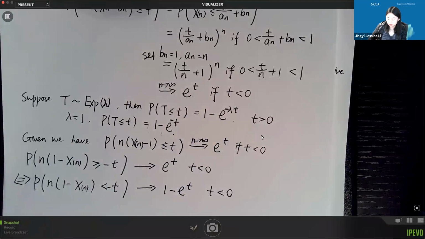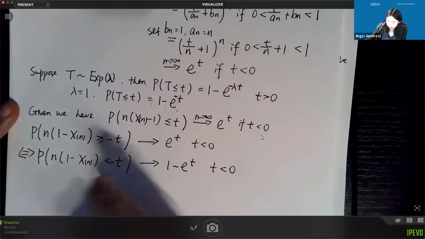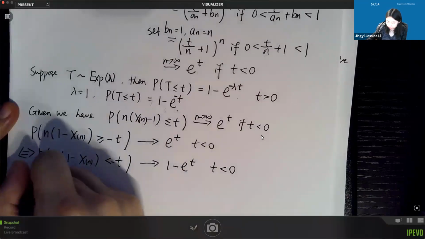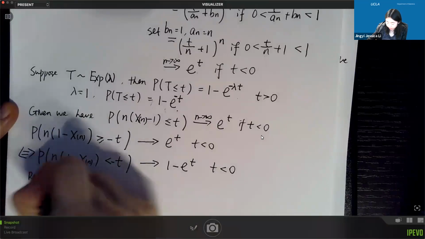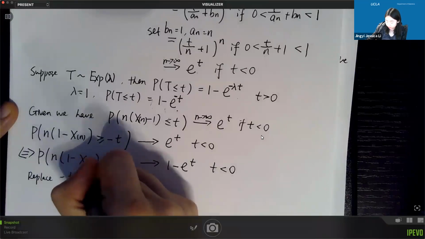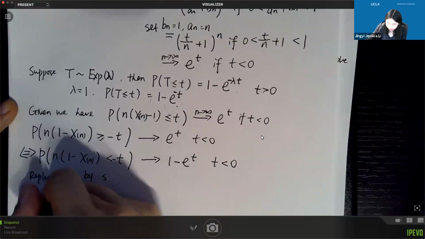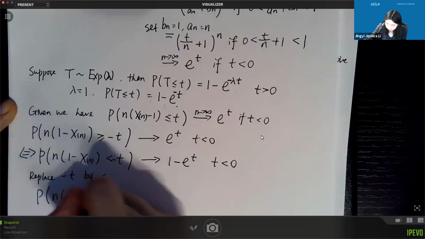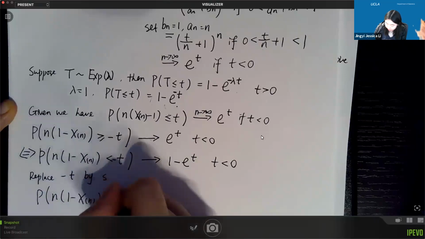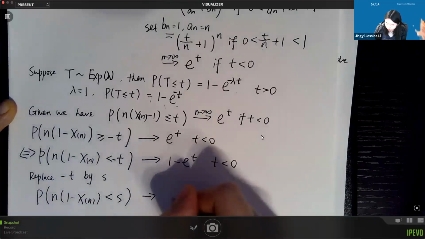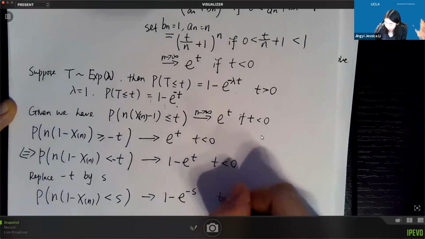Then finally, you see, I can replace negative t by maybe s, okay? So you will see that I would have less than s converge to 1 minus exponential power negative s, s positive.